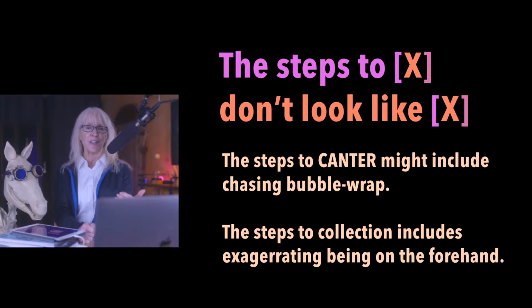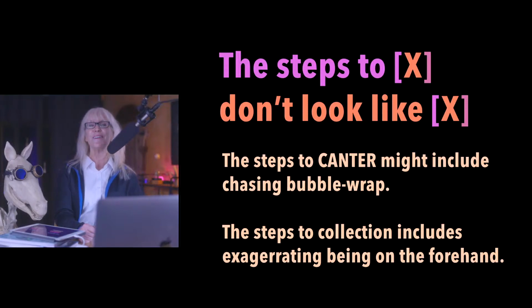Stiff, pacey 5-gaiter could not canter in a 20 meter by 40 meter small dressage court. And if you know 5-gaiters, he literally could not canter in that space. He could canter in a big 200-meter track or a giant arena, could not canter in a 20 by 40 dressage court.